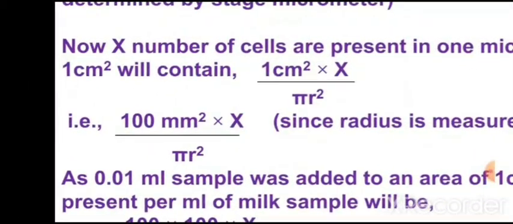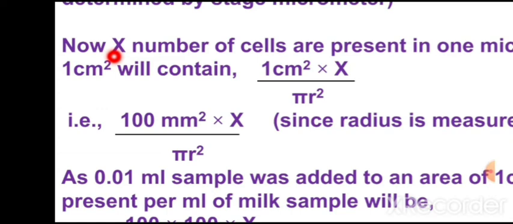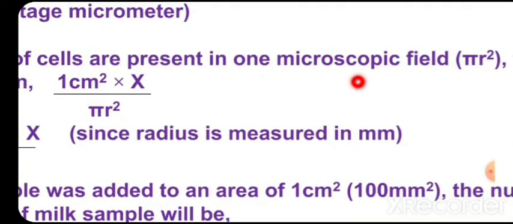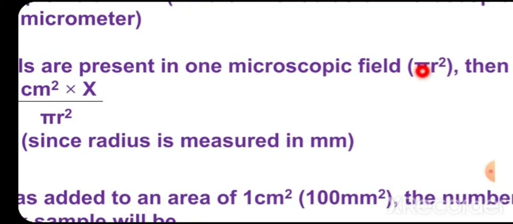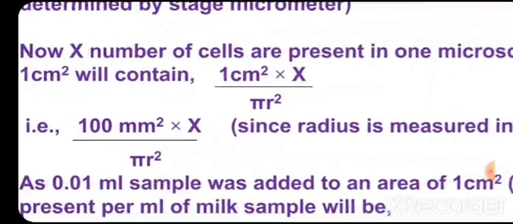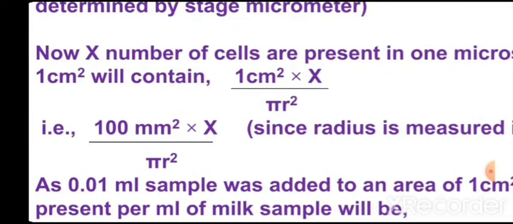Now what we have is the x value, that is the average number of somatic cells present in one microscopic field, that is pi r square. So x corresponds to one microscopic field, that is pi r square. Then 1 centimeter square corresponds to how much?